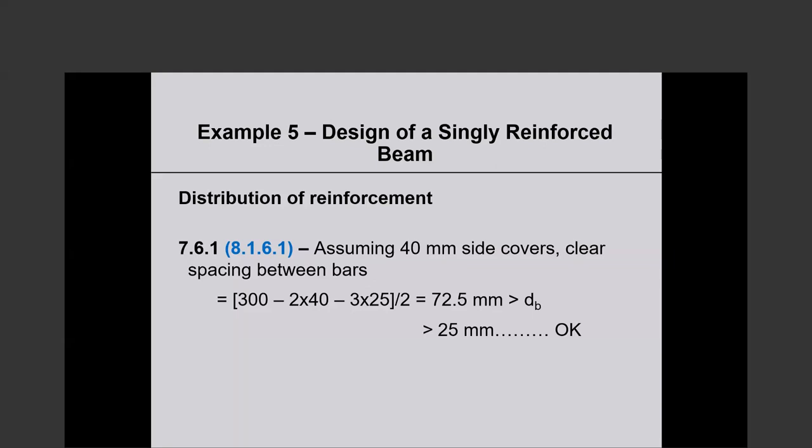So we have a clear spacing of 72.5 millimeters. I didn't talk about these, but these are ACI requirements. The clear spacing has to be larger than the bar diameter, also larger than 1 inch. And both requirements are met.